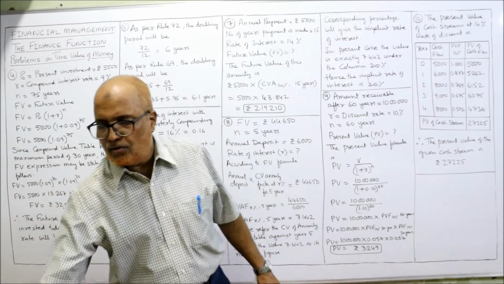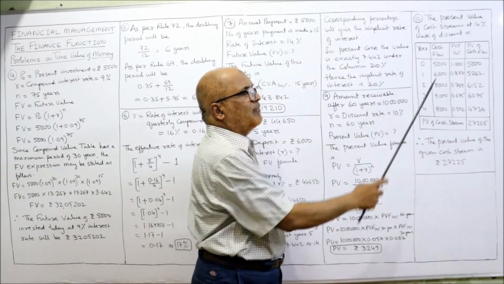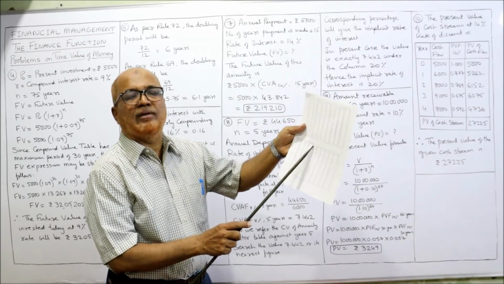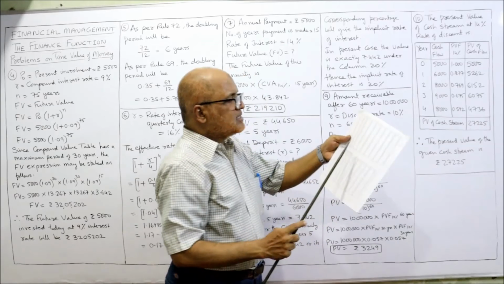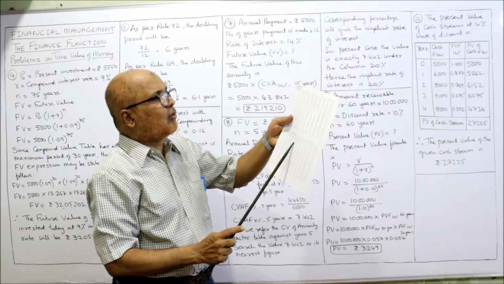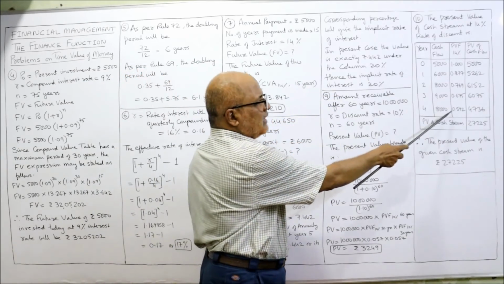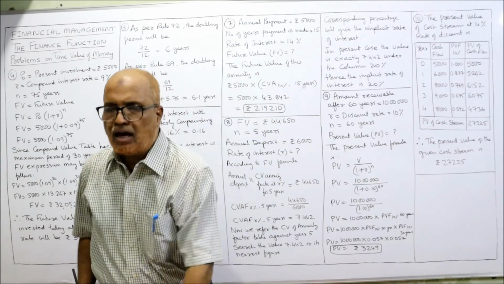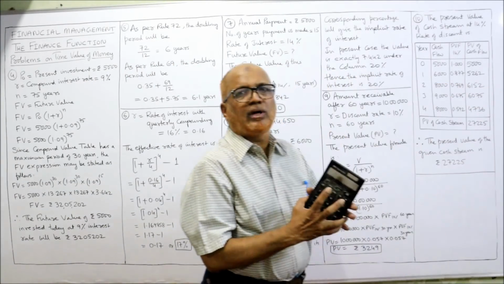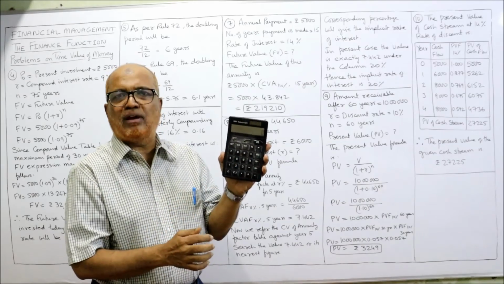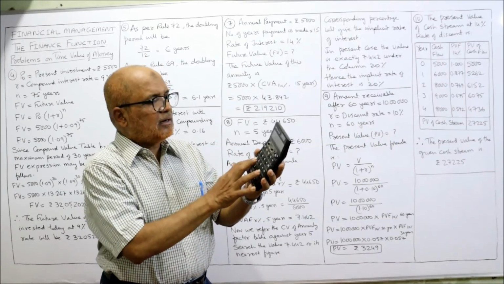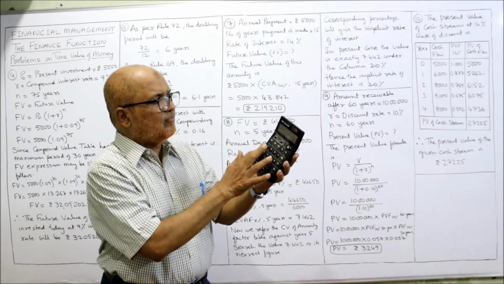So here for year 0 I have taken 1 as the PV factor. For first year at 14%, it is 0.877. Second year 0.769. Third year 0.675. Fourth year 0.592. Even if you don't have the table, you can find it with a simple calculator. The discount rate is 14%, so 1 divided by 1.14.